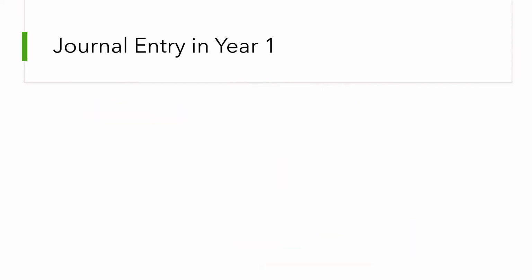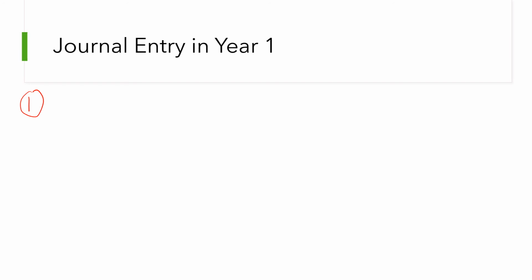Okay, what is our journal entry for year 1? So remember, for year 1, we have a couple of journal entries. First, the acquisition of the asset. So that will happen at year 0 or day 0 or day 1, meaning at the start. So there is no date given in the problem.